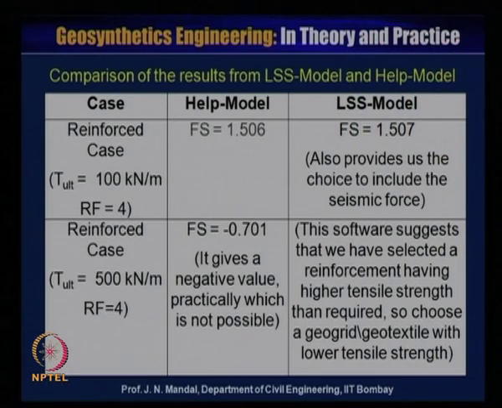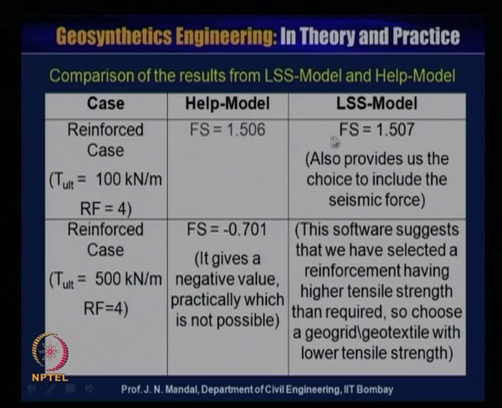Now, here is the comparison of results from the landfill slope stability model and the HELP model. In the reinforced case, when the ultimate tensile strength of the geogrid is 100 kilonewton per meter and the cumulative reduction factor is 4, the HELP model gives a factor of safety equal to 1.506.